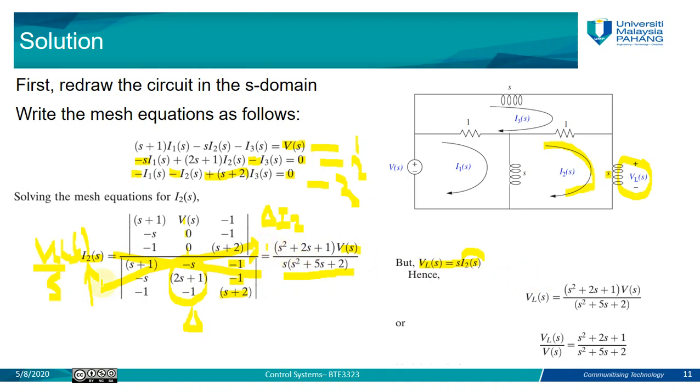So this s will cancel with that s. We still have s square plus 2s plus 1 over s square plus 5s plus 2 times Vs.